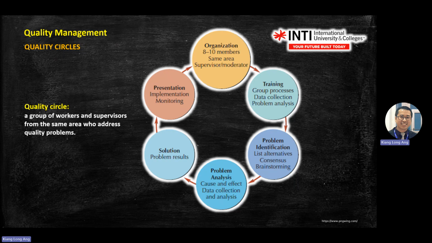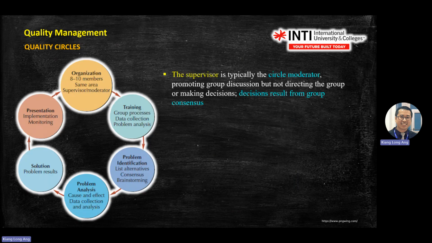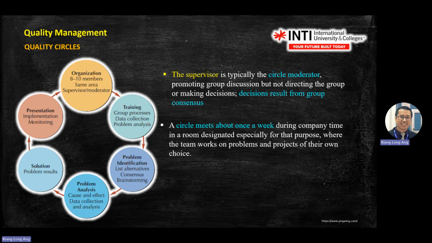Then you do a presentation for monitoring. Then you go back to the organization members. Okay. So for your FYP, you focus on here. You identify your problem, then you do analysis, then you give a solution, then you present your report. Okay, all this you read.